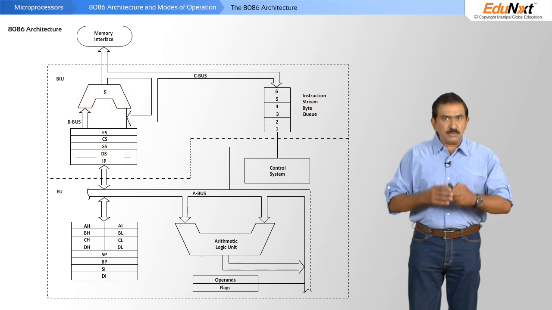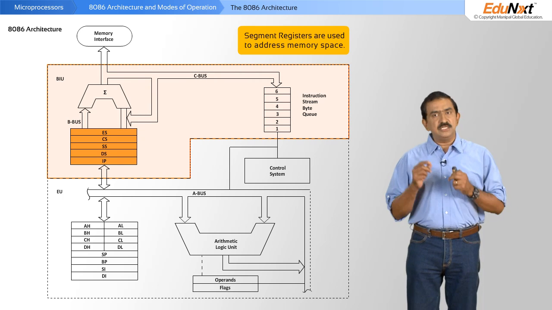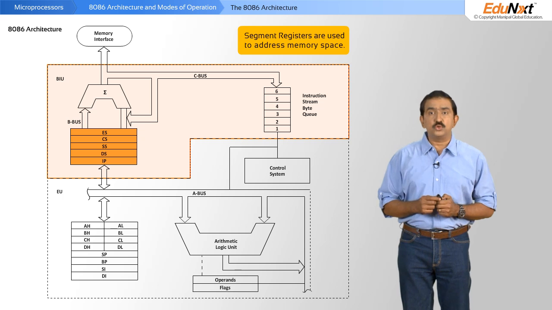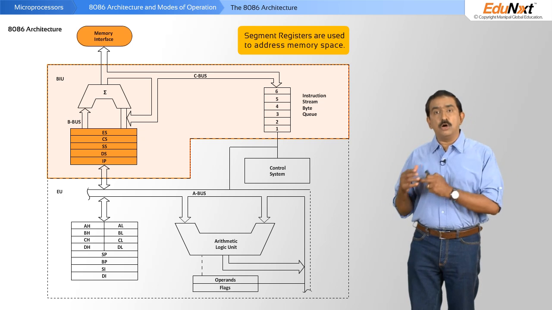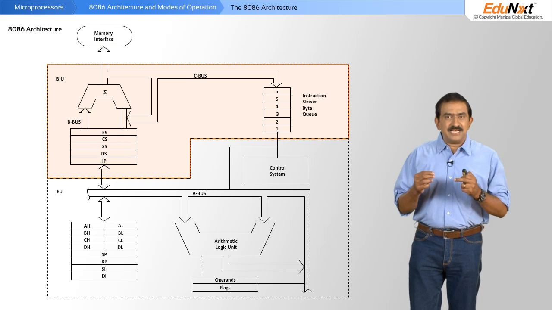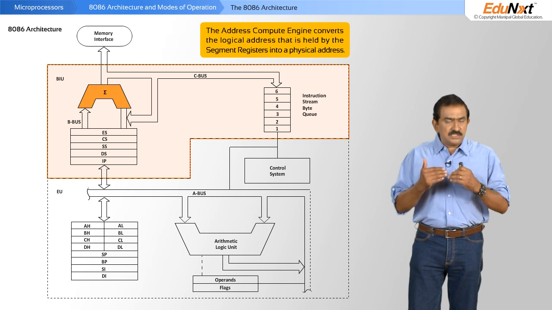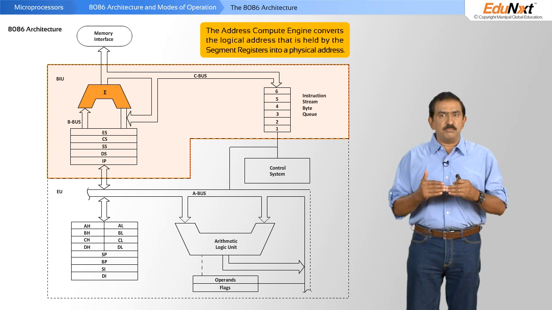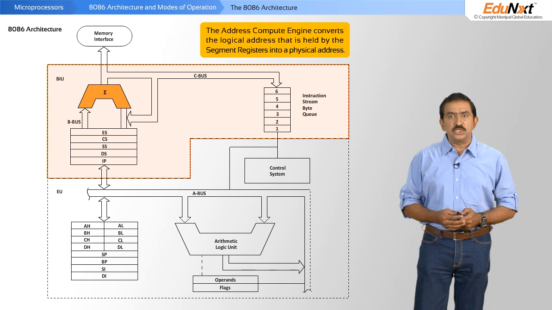If you now move to the bus interface unit, you first have a set of segment registers. These segment registers are used by the processor to address memory space, either ROM or RAM, or the IO space. There is an address compute engine within this which converts the logical address held by the segment registers into a physical address that is exposed to the outside world.